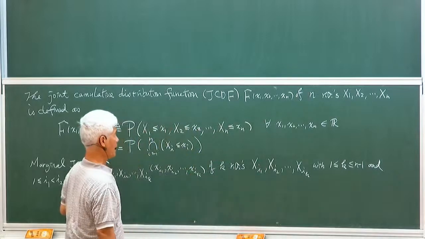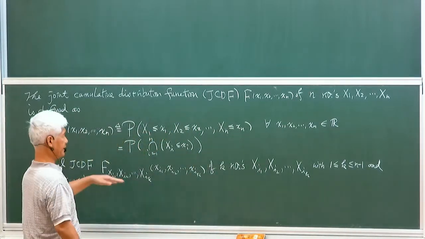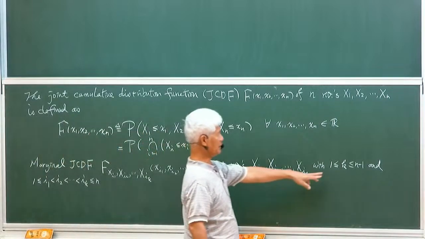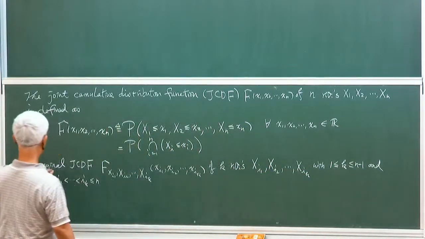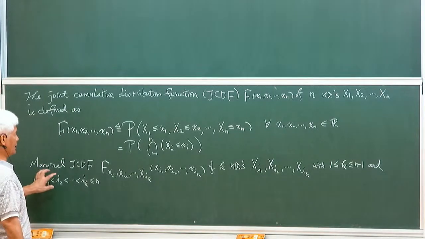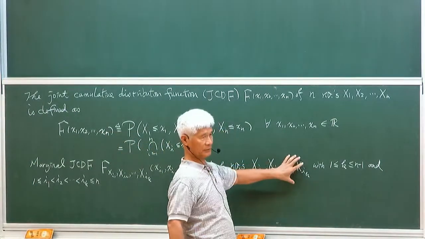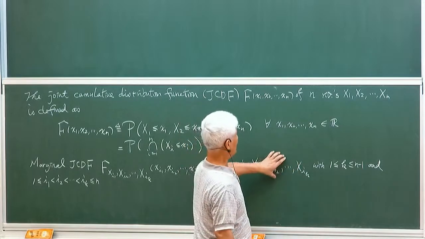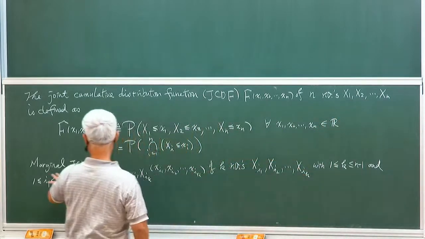Okay. And so we call them the marginal joint CDF because when k is greater than or equal to 2, then we have a joint CDF, but they are marginal. Because why? Because these k random variables are just selected from the n random variables. Okay.